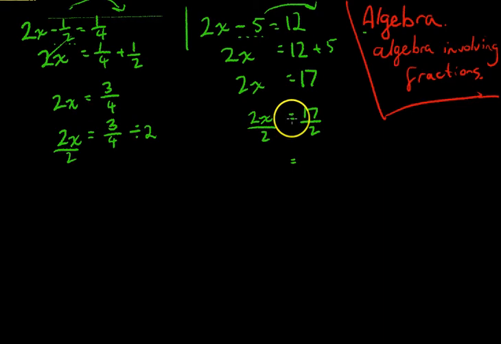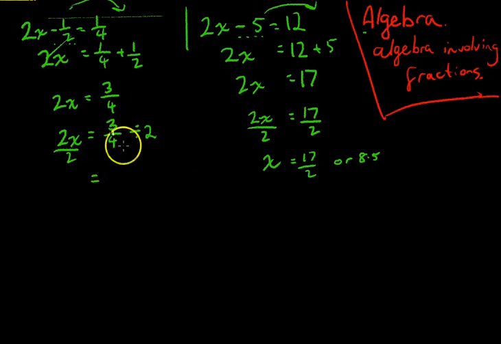Okay, so you type this into your calculator, 17/2. That'll give you a decimal of 8.5, or we could just leave it as 17/2 as our answer. Both of those answers would be acceptable.